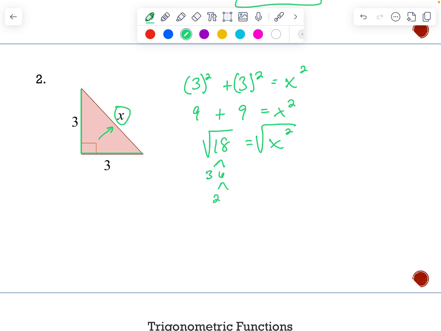Two factors of 6 are 3 and 2. And then I'm just interested in those prime factors. I'll use a different color. And I've got a pair of 3s, so I know a 3 can come outside of the root. What gets left behind is that singular 2. So the hypotenuse length of my triangle there is going to be 3 root 2.